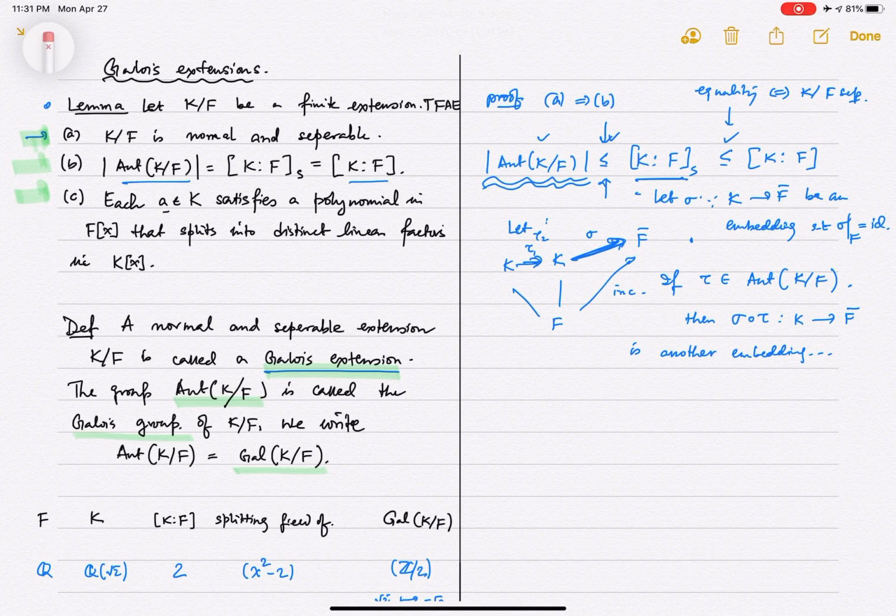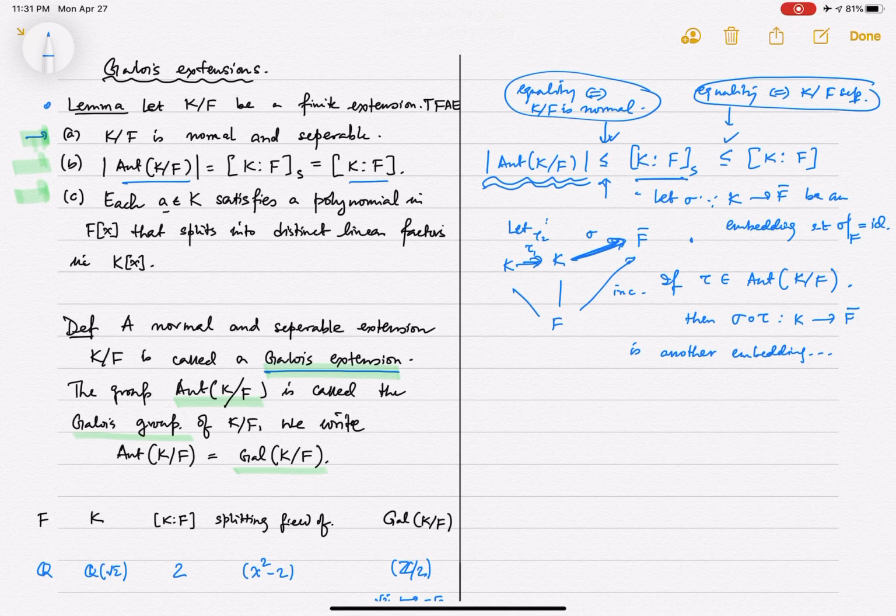This fact that we kept on quoting. So here equality if and only if k over f is normal, meaning a splitting field extension.